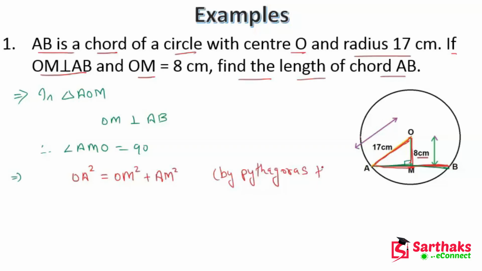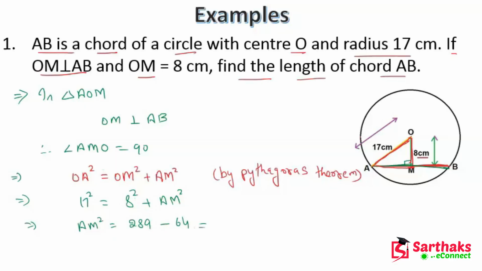Here OA is 17 and OM is 8, so 17 square is equal to 8 square plus AM square. We have to find the value of AM. So AM square is equal to 17 square, which is 289, minus 8 square, which is 64.